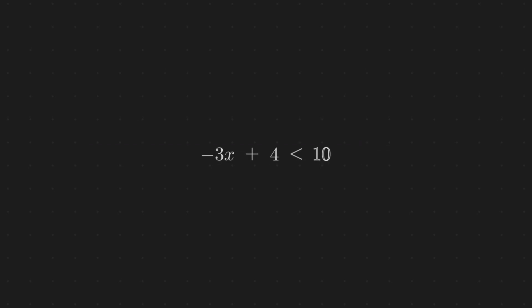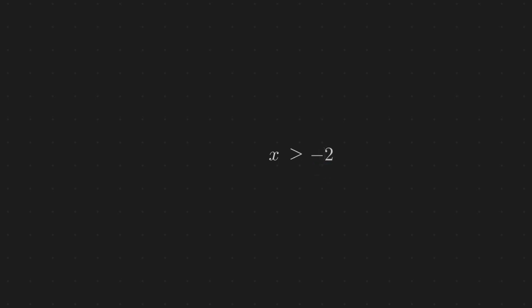The third example is a multi-step example that involves the flip rule. Take the inequality negative 3x plus 4 is less than 10. First, we subtract 4 from both sides to get negative 3x is less than 6. The sign stays the same here because we only subtracted. Next, we divide both sides by negative 3. Because we divide by a negative number, we must flip the less than sign to greater than.